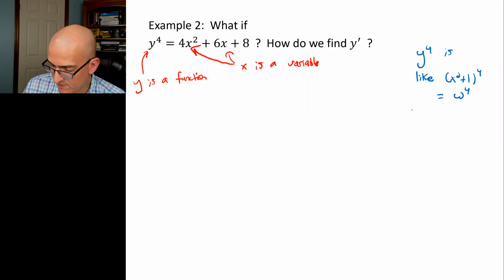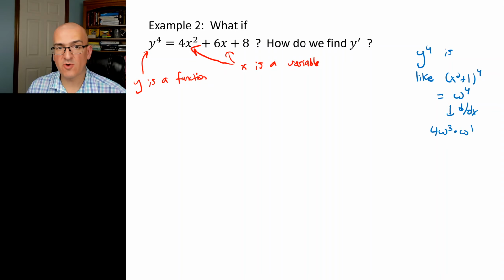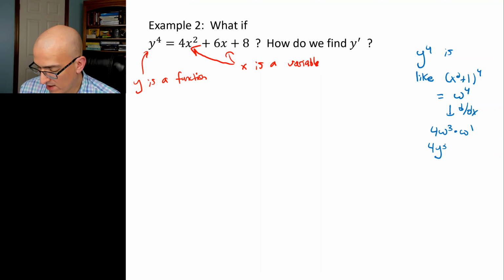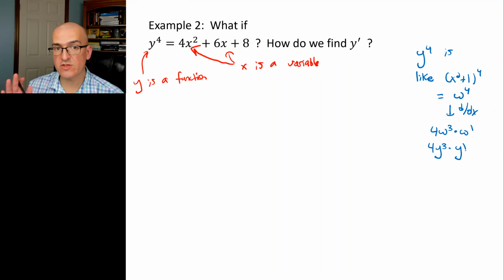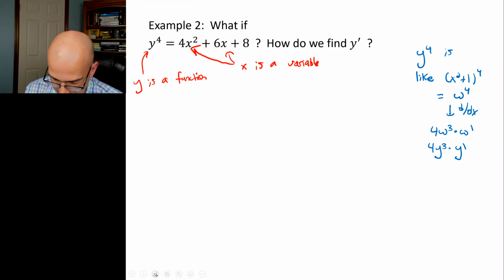So when we take the derivative, we get 4 w to the 3 times w prime. Or if we don't want to use w, we could leave the y the way it is. We get 4 y to the 3 times y prime, just using a different label of the alphabet.